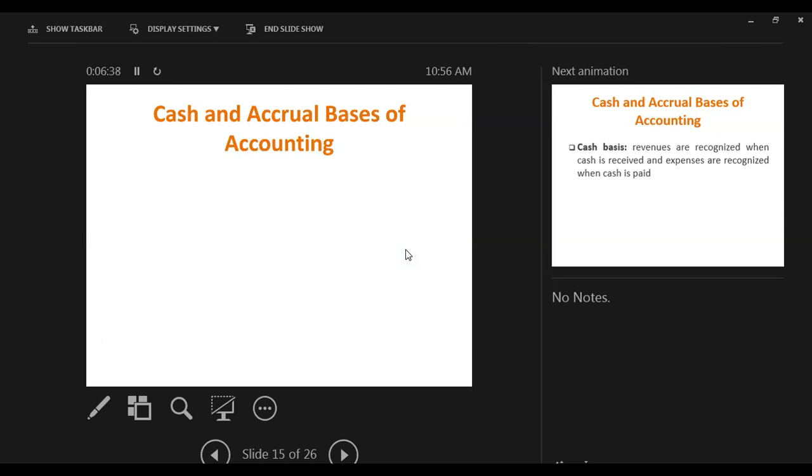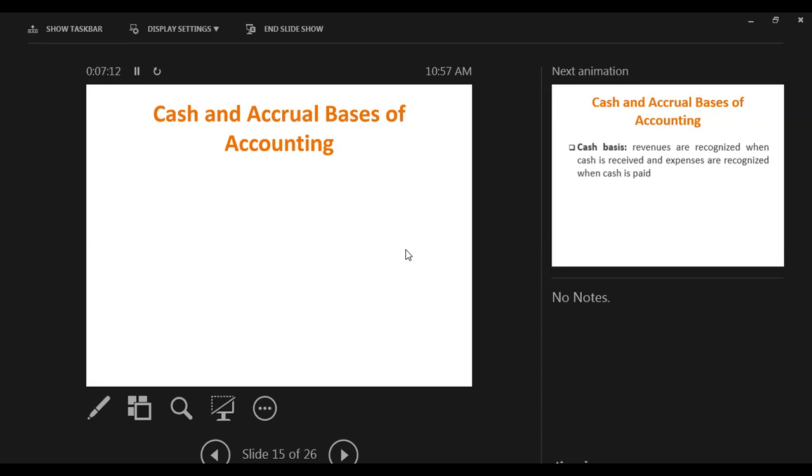When we record journal entries, prepare the income statement, and prepare the balance sheet, we use accrual basis of accounting. But when we prepare the cash flow statement, we only consider cash basis of accounting.